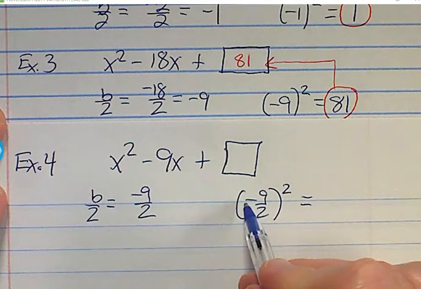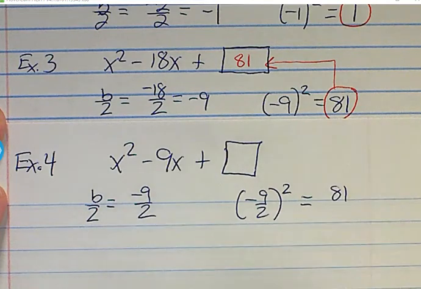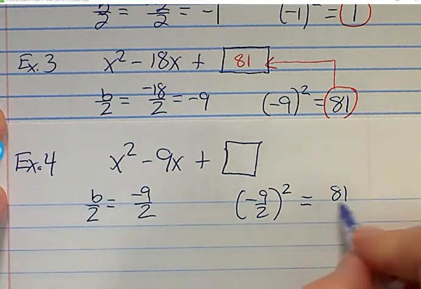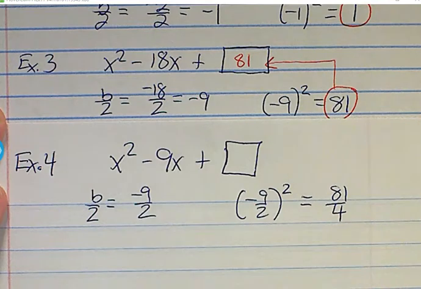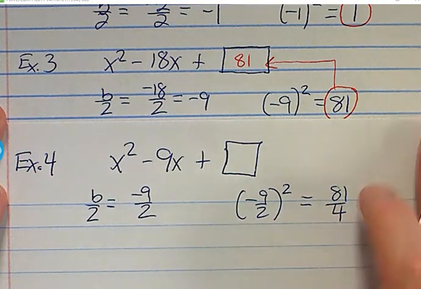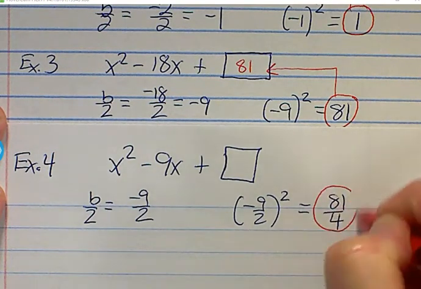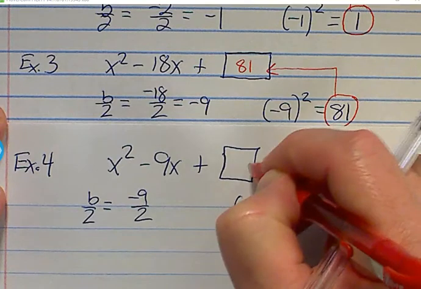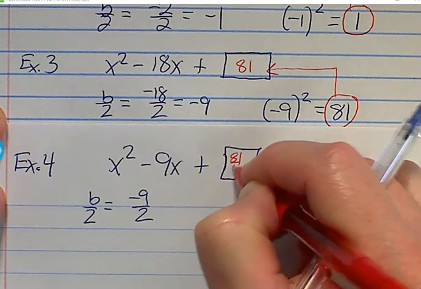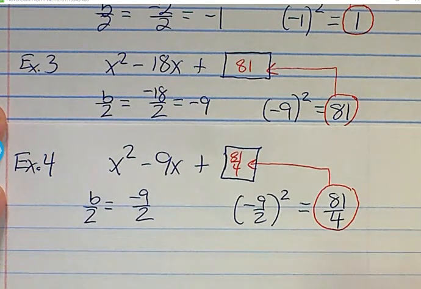Negative 9 times negative 9 is a positive 81, and then 2 times 2 is 4. And again, it's already improper, so don't make it into a mixed number. Just leave it like that, and it should be in simplest form. So that's the number that you have to put in the box right there. And that's okay that that's a fraction. It's still okay.